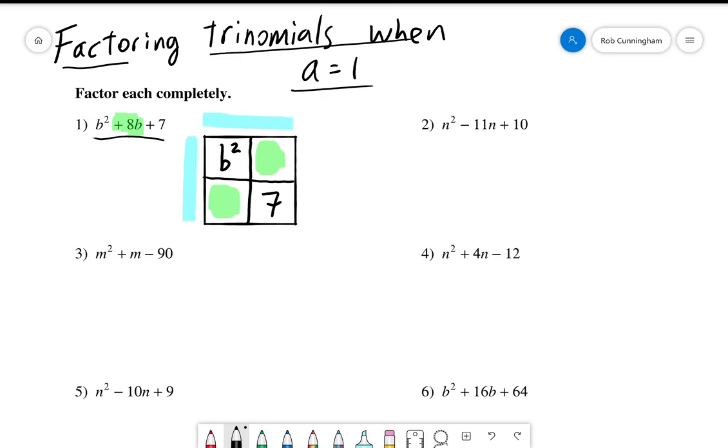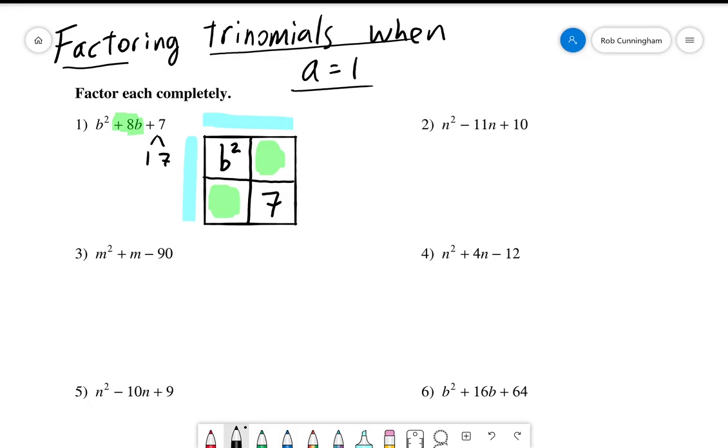So, I need 2 numbers that multiply to make 7 and add to make positive 8. Well, this one's not so bad. The only things I can multiply together to make 7 is 1 times 7, and 1 plus 7 is indeed 8.